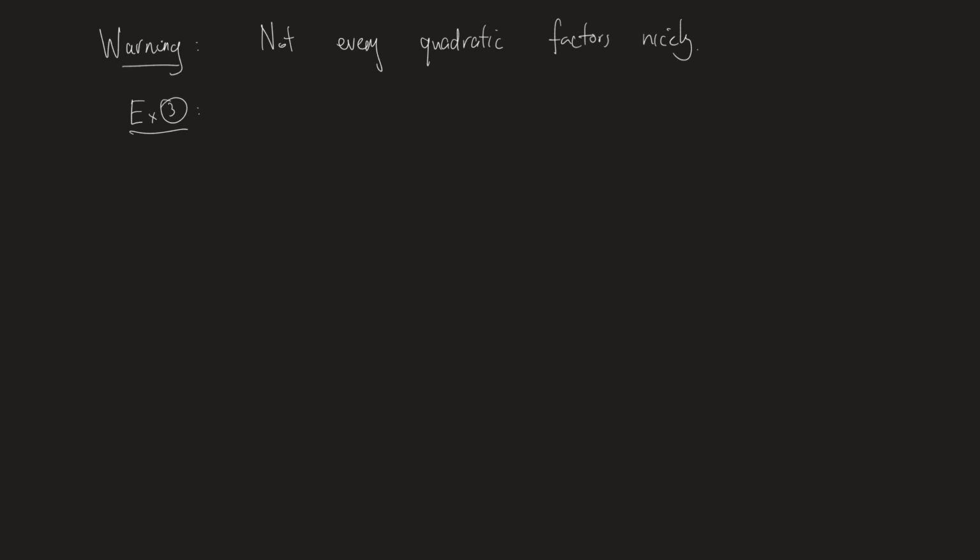Okay. So let's look at x squared plus 9x plus 6, and we're going to try to factor it as a product of linear factors. Well, okay, what do we do? Well, I look at my constant term, which in this case is plus 6.